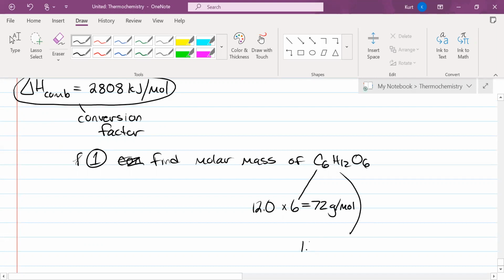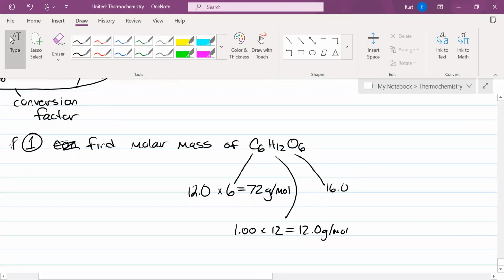What is the molar mass of hydrogen? 1. How many hydrogens are there? So it's going to be 12.0 grams per mole. What is the molar mass of oxygen? 16. These boys are not making this up. They're looking at a periodic table or they've memorized it by now. How many oxygens are there? 6.